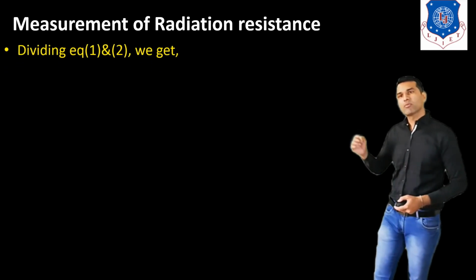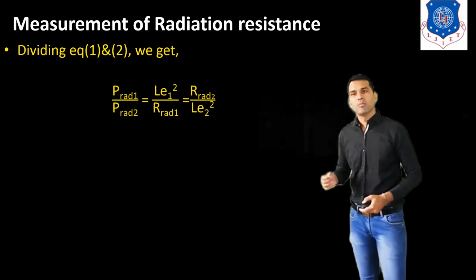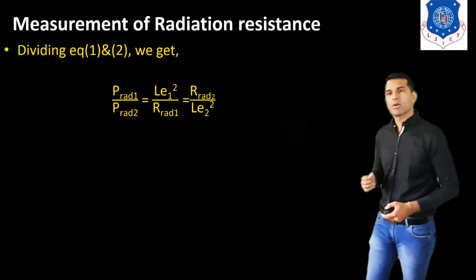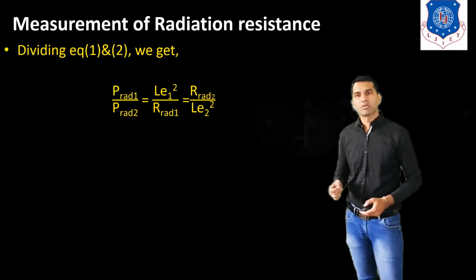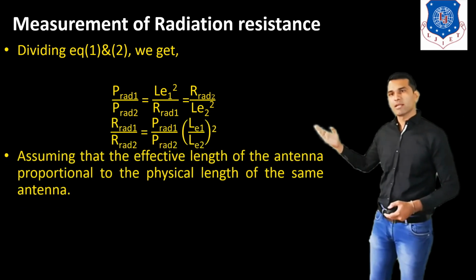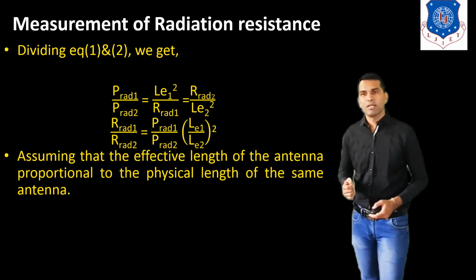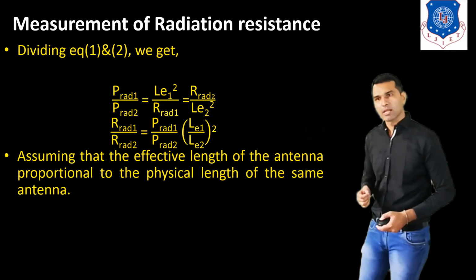Now we divide equation number 1 and equation number 2. So we get P radiate 1 upon P radiate 2 is equal to LE1 squared upon R radiate 1, times R radiate 2 upon LE2 squared. So simply we get R radiate 1 upon R radiate 2 is equal to P radiate 1 upon P radiate 2 times (LE1 upon LE2) squared.